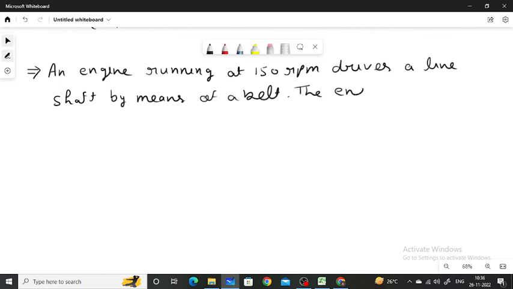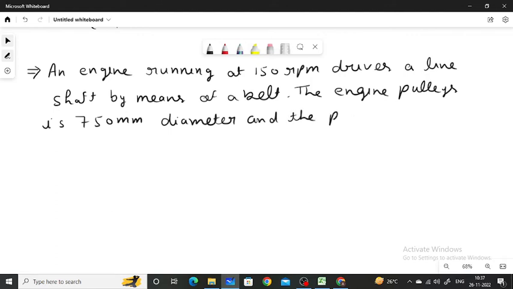The engine pulley is 750 mm diameter and the pulley on the line shaft is 450 mm.